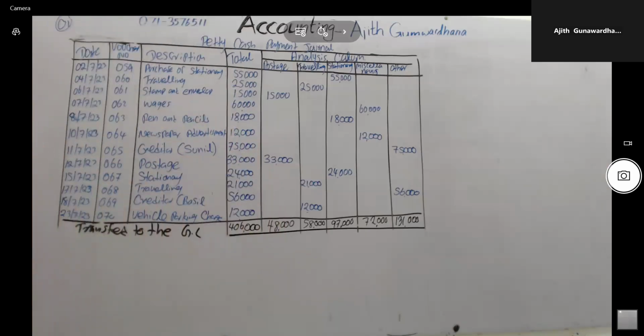First one, complete the petty cash payment journal. After that, I will discuss how to record this information in the ledger account also. Think petty cash payment journal: a small amount of expense paid in cash should be recorded here.